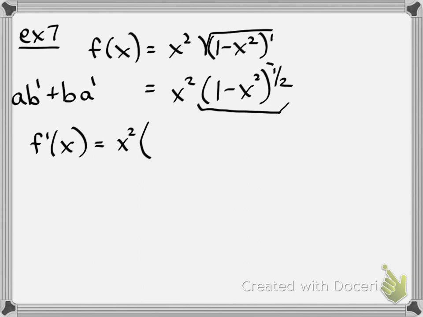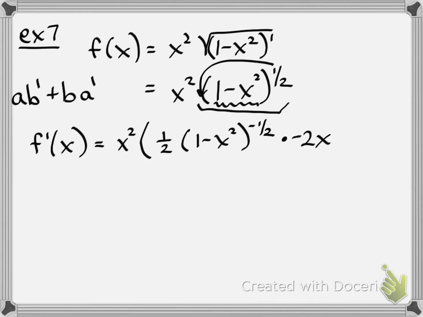So the 1/2 comes down and is multiplied by the 1 that's there. 1/2 of 1 minus x squared to the 1 less power times, now we need to do the derivative of the inside. Now that's first times derivative of second plus second times the derivative of the first.